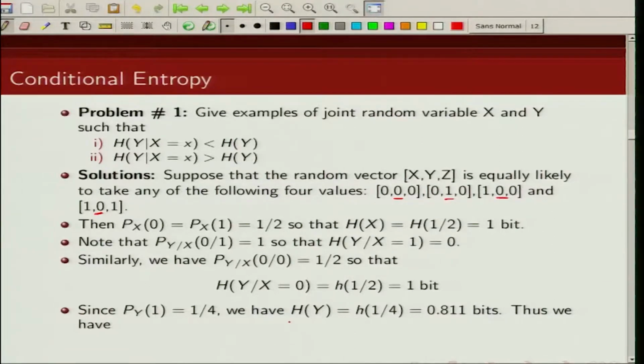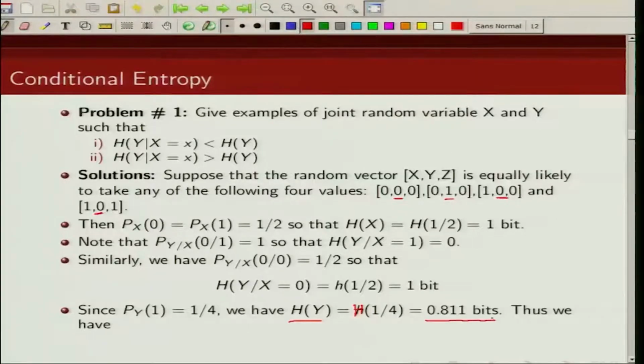Then the uncertainty in y is minus 1 by 4 log of 1 by 4 and minus 3 by 4 log of 3 by 4, and that comes out to be 0.811 bits.